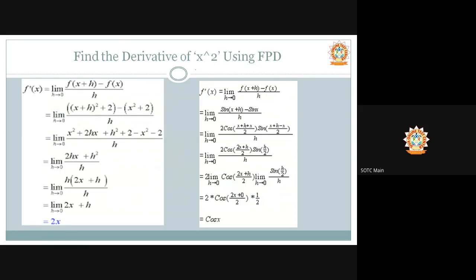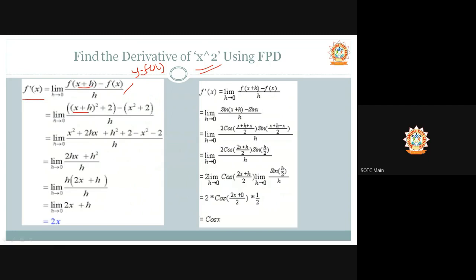So now try to see for x square. If you want to find it for x square, now my y is equal to f of x is equal to x square, right? So using f dash of x is equal to limit h tends to 0 of f of x plus h minus f of x by h. Now in the place of x, we are replacing with x plus h, so it will become x plus h whole square.